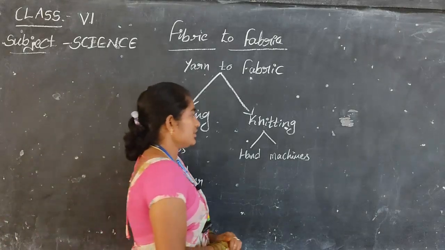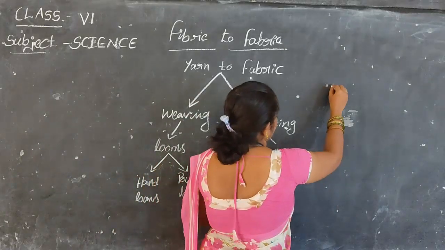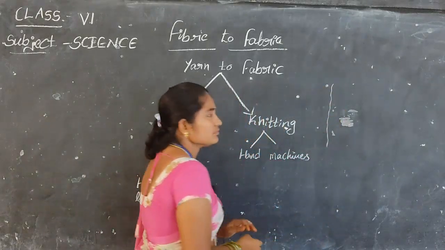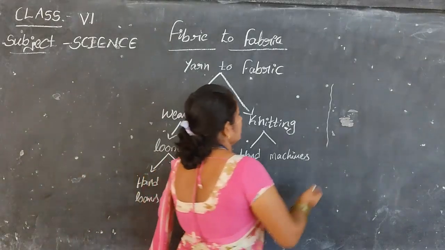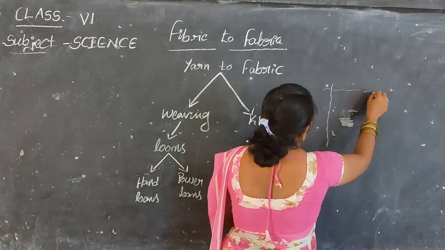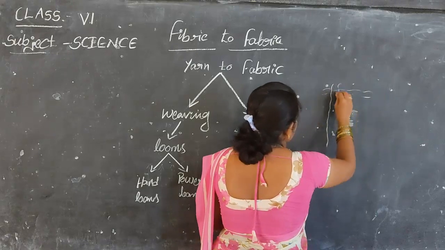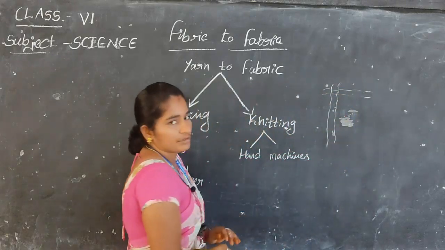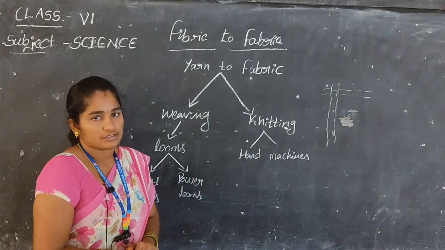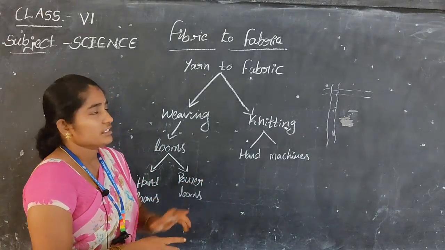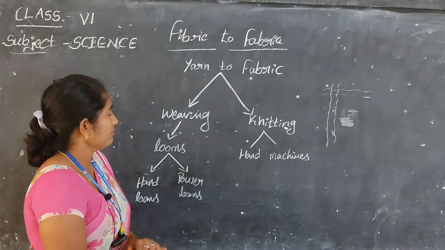One set of lines is vertical and another is horizontal, and like this they are woven. Then in the opposite direction they are woven.